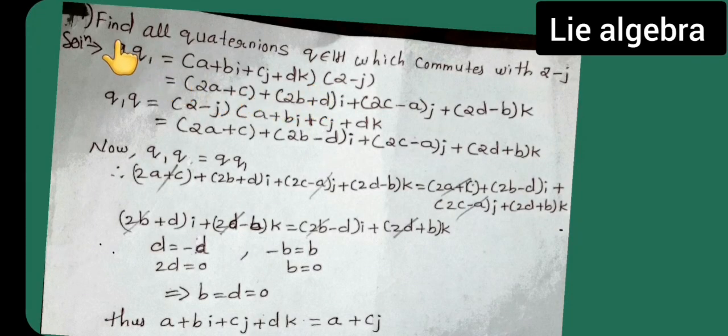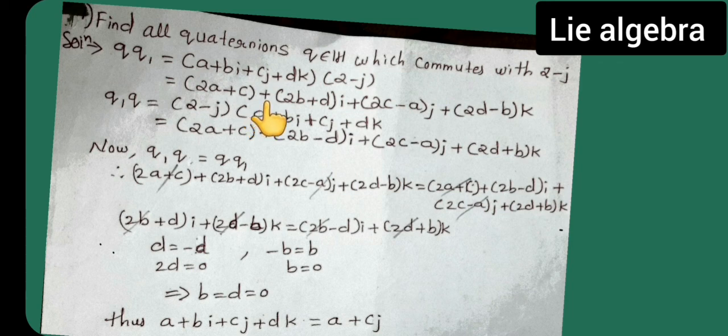So next question is: find all quaternions q belonging to H which commute with 2 minus j. q into q1 is equal to, this is my q and this is my q1. Now I have to multiply. Now this is 2a, a into 2 is 2a, plus c, because j into j is minus 1 and this minus, it will come plus c.